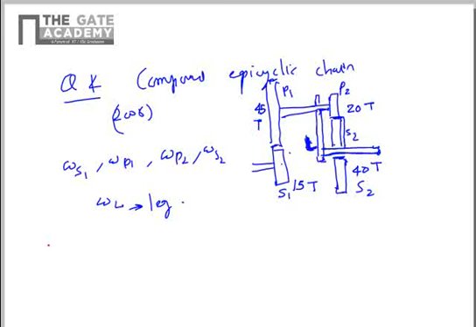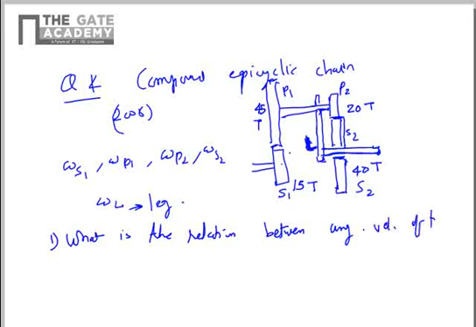Now the question has two parts. The first part asks for the relation between the angular velocities of the two sun gears, that is, the relation between omega s1 and omega s2.